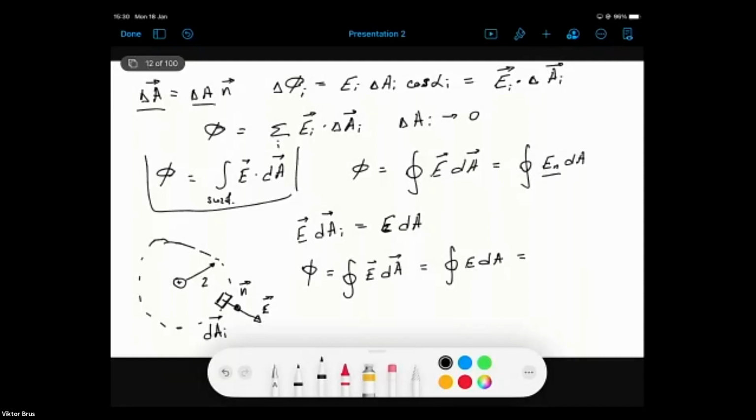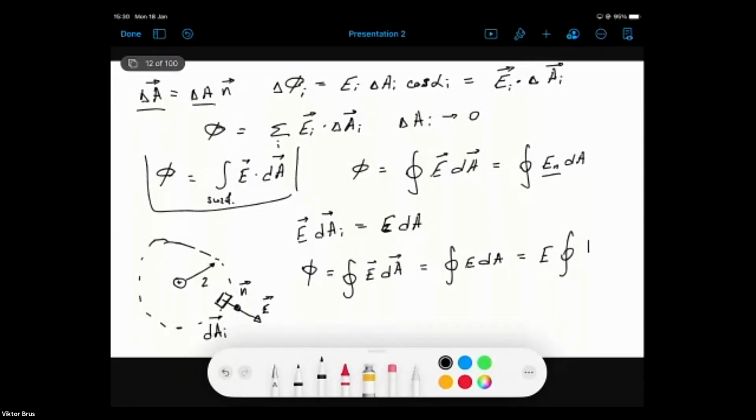And again, taking into account the spherical symmetry of the electric field originated from a point charge, since it's located in the center of the sphere, the electric field will be constant at each point of this sphere, because it will be at the same distance r from the source of the electric field. That's why we can take out from the integral a constant value, which is the electric field.